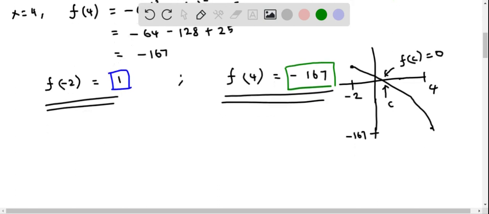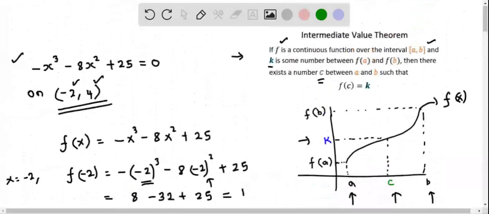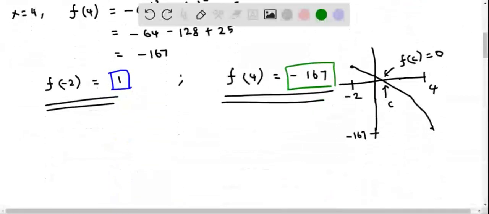So we have just proved that this equation has at least one solution between the given interval, which we can write down as f of c equals 0, where c is the x value which lies between -2 and 4.